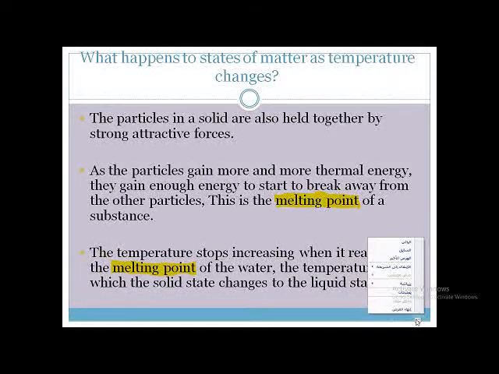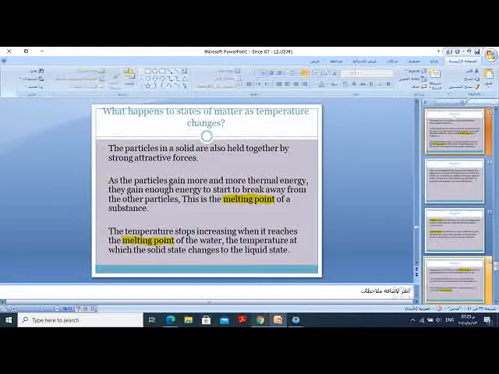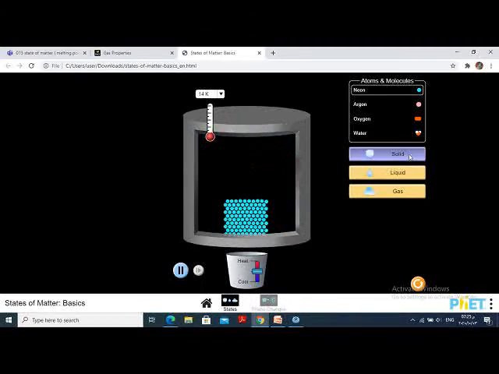So we will go back here to understand that. Here we have a solid state, we have ice. Look at this particle here, and we will try to add thermal energy.